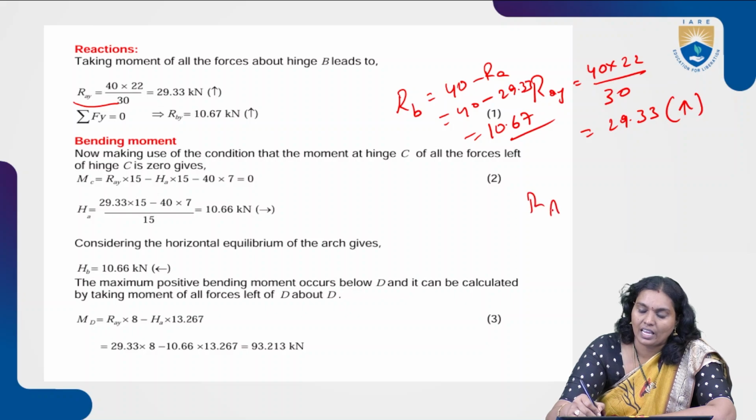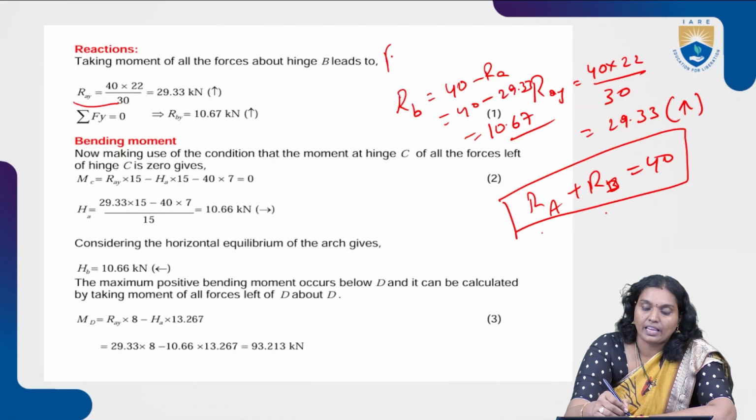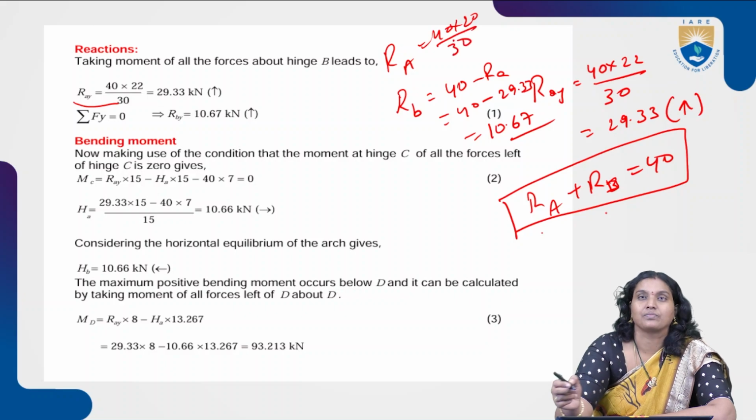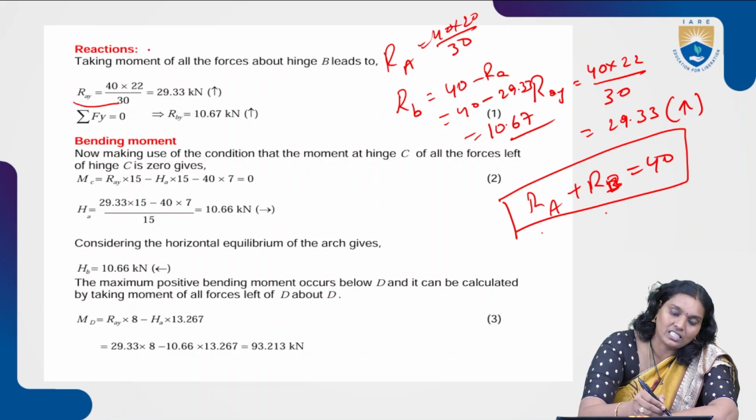Here RA plus RB is equal to 40, the known thing as per the given figure. RA is equal to 40 into 20 by 30. So this is the thing which we are going to understand. Now this is the reaction point of view.